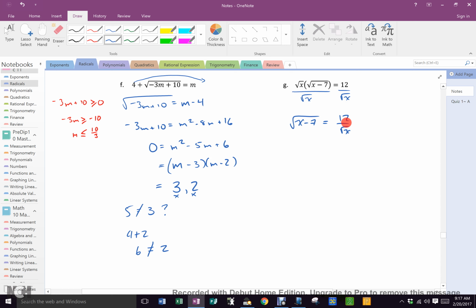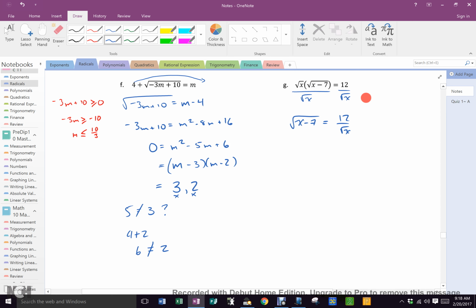Multiply what? I could multiply by root x, couldn't I? Right? So if I multiply this side by root x over root x, that's something I could do, yes? Everyone agree? Don't write it down yet. That's something I could do, though, yeah? Okay. What else is something I could do there?